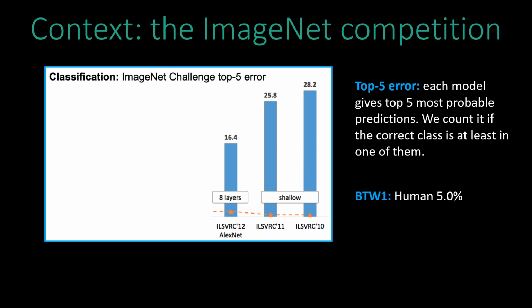A 25% error in top 5 means that it was wrong in 25% of cases, while for 75% of images, amongst the 5 classifications that it gave, at least one of them was correct. But in roughly a quarter of the dataset, it was wrong in all of those 5 guesses. Okay? Just by the way, human performance is somewhere around 5%.